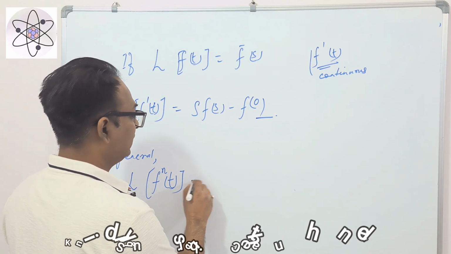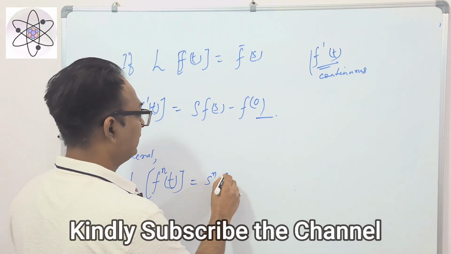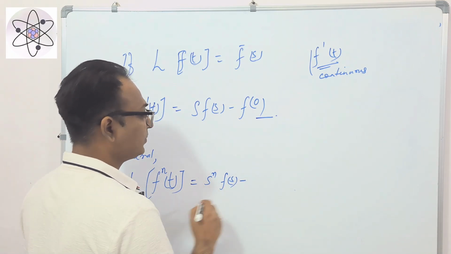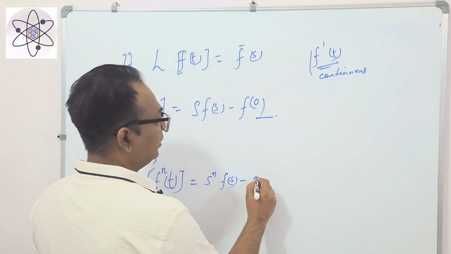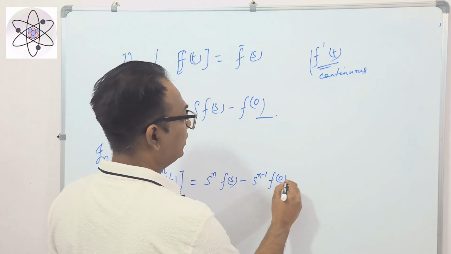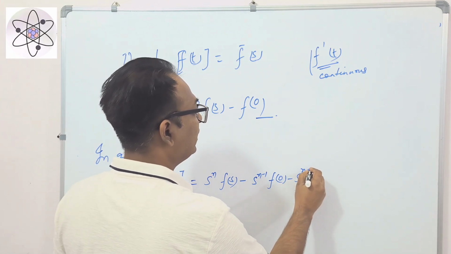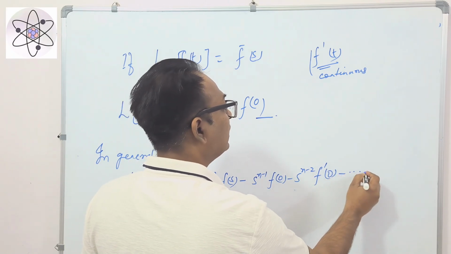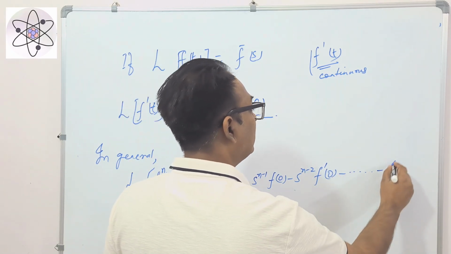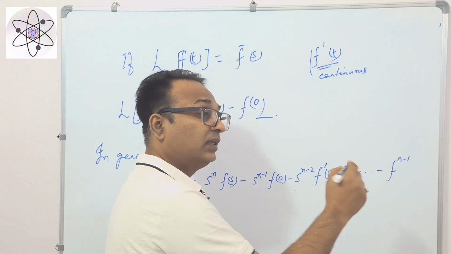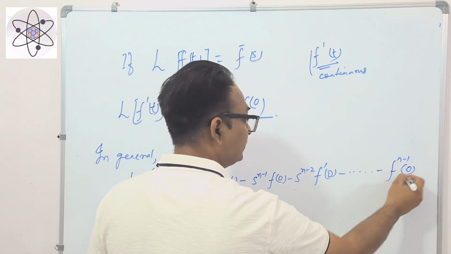It is given by s to the power n F(s) minus s to the power n minus 1 f(0), s to the power n minus 2 f'(0), up to the (n minus 1)th derivative at 0.